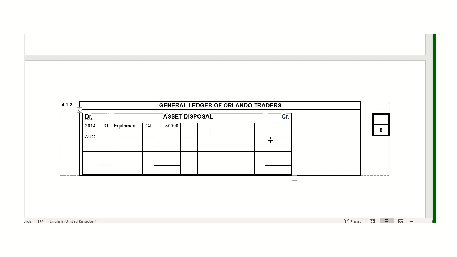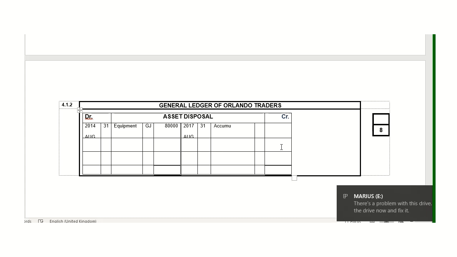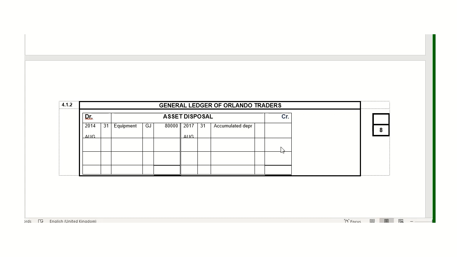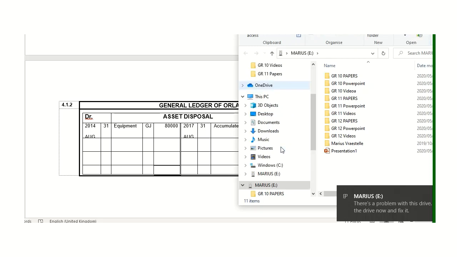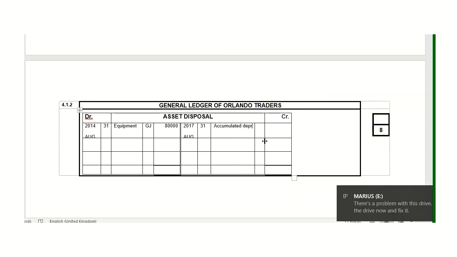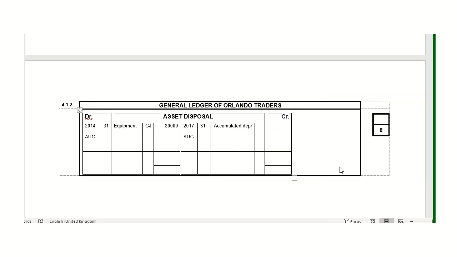On the credit side, also 2014, August the 31st. Now I want the total accumulated depreciation up until the day of sale. So the opposite account will be accumulated depreciation, equipment.